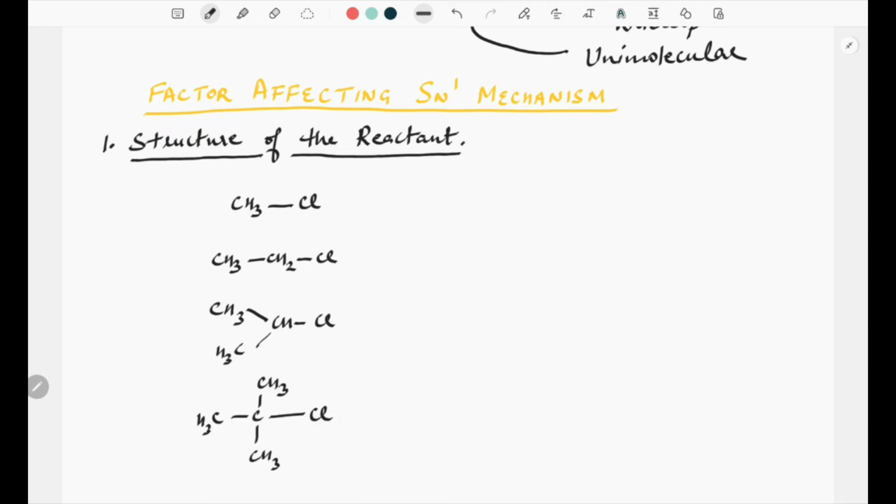Now simply write the carbocation which is formed by all these three.